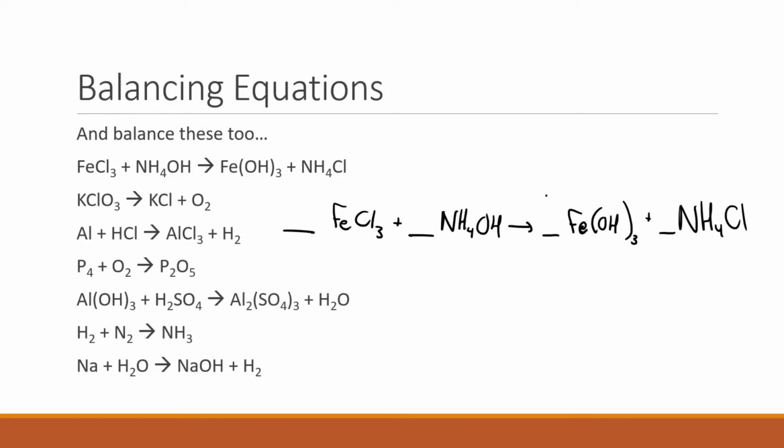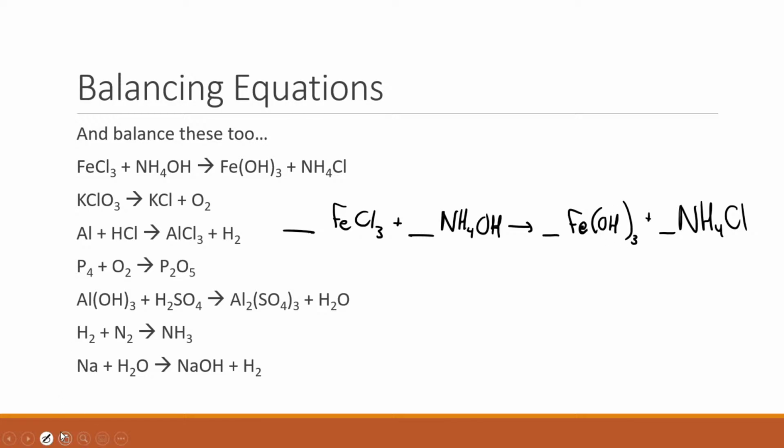But one of the things that you might notice right off the bat is this OH in parentheses with a 3. When you see something in parentheses like this, you know, because we spent a lot of time doing balancing of ionic compounds, that this is a polyatomic ion.